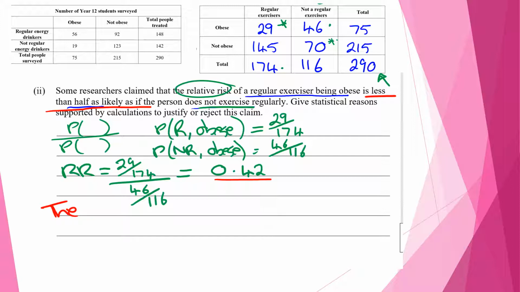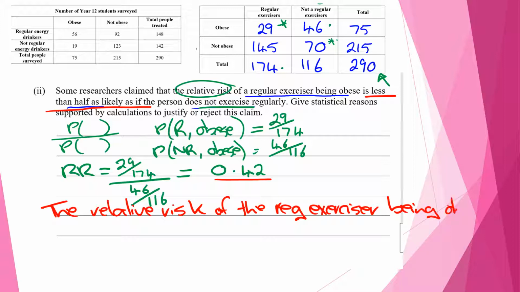So the relative risk of the regular exerciser being obese is 0.42 times as likely.